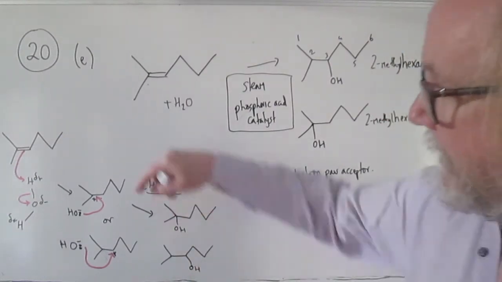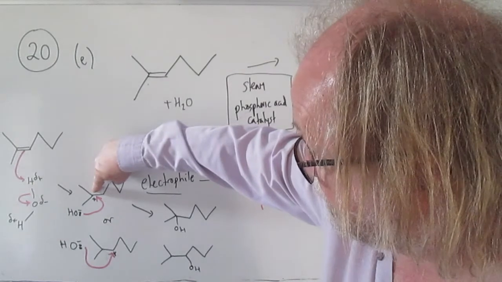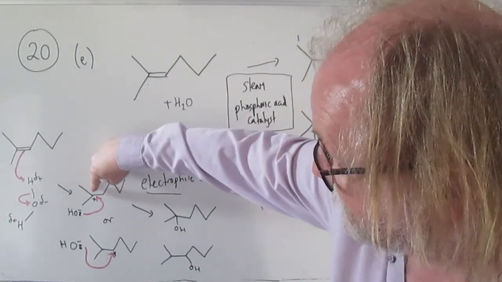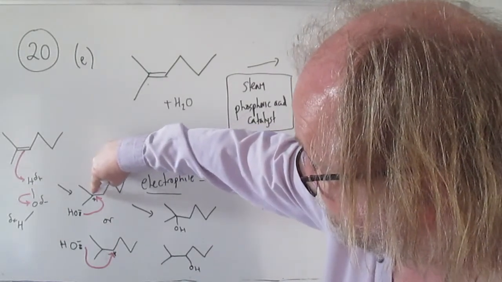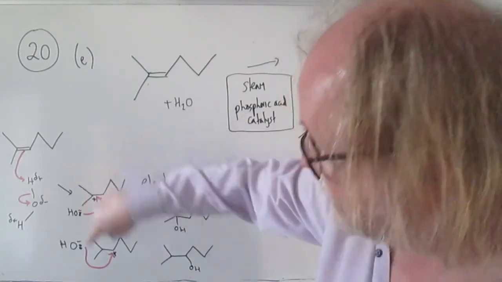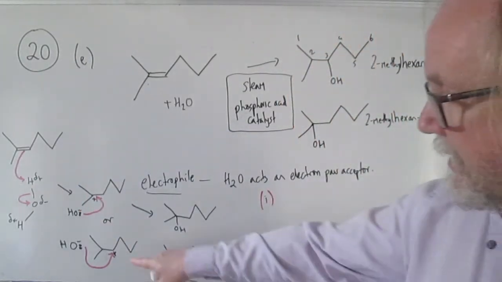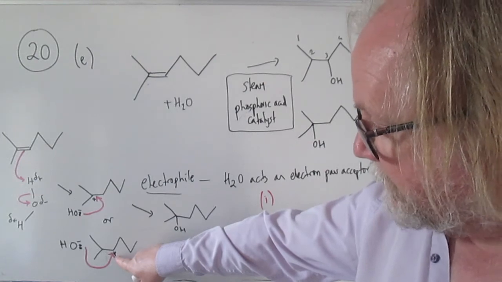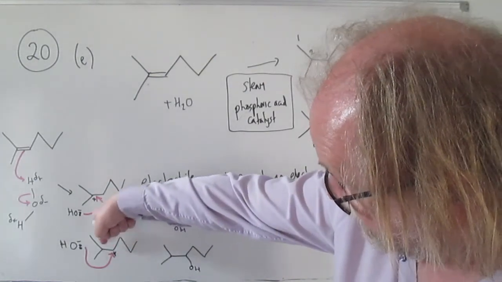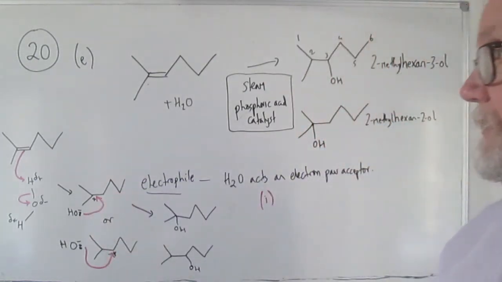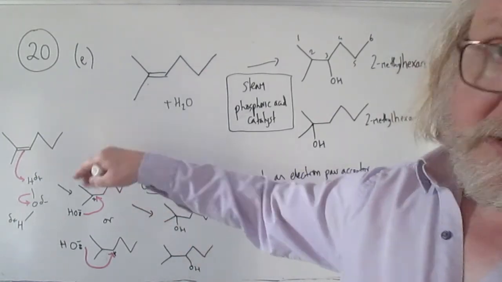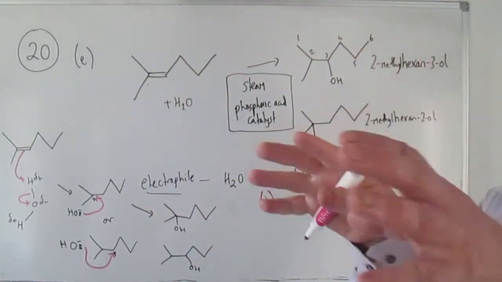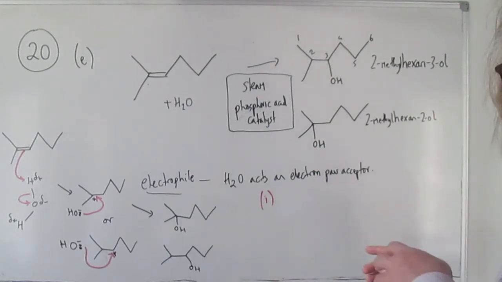So if you compare the two, this one is a tertiary carbocation, because the carbon with the positive charge has 3 other carbons attached. This one is a secondary carbocation, because the positively charged carbon has only 2 other carbons attached. And the rule, remember, is that tertiary are the most stable, then secondary, then primary.